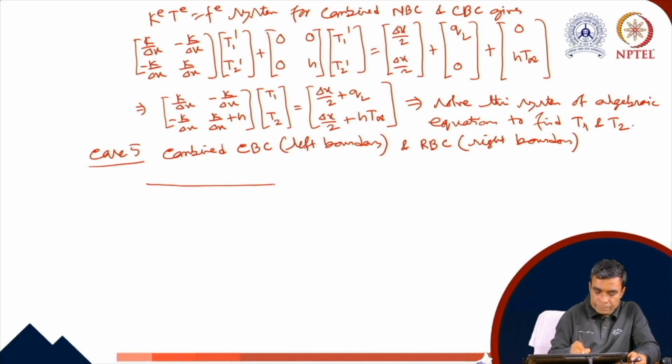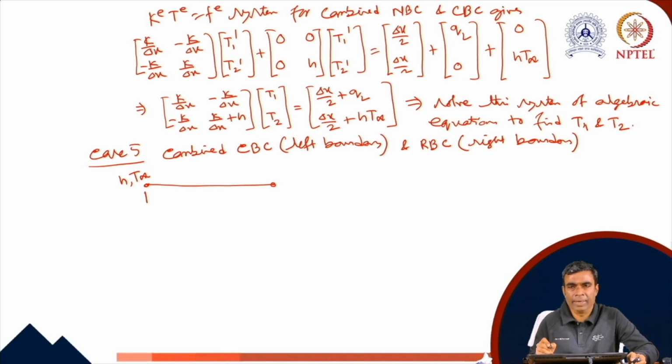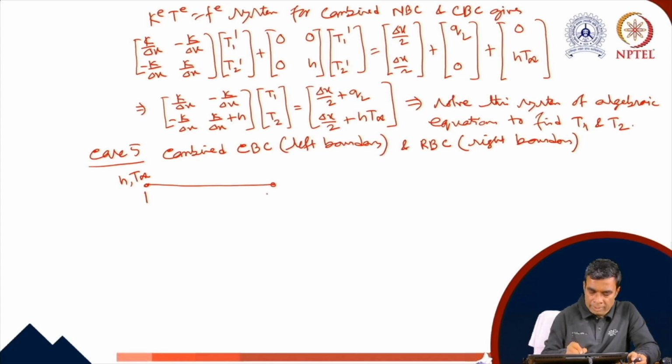At the left boundary we have been given H and T infinity. Here the degree of freedom is unknown. At the right boundary, where we have the radiative boundary condition, there also the degree of freedom is unknown. So we have two equations, 1 and 2.